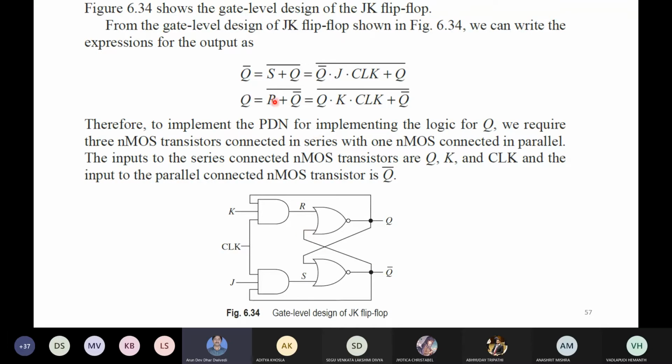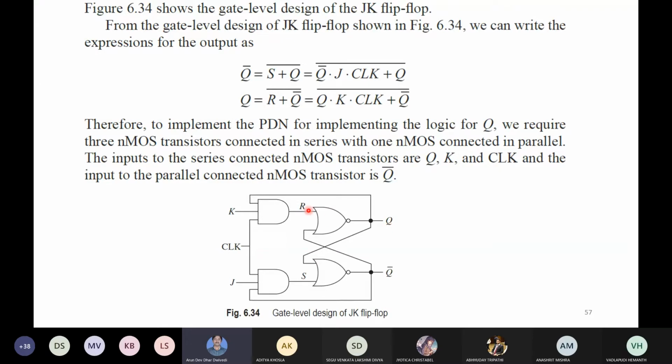Therefore Q is R plus Q bar whole bar, and R is defined as Q and K and clock, and in parallel there is another input Q bar. So there is R function of Q bar and whole bar, because it is NOR, so the output is in complemented form.